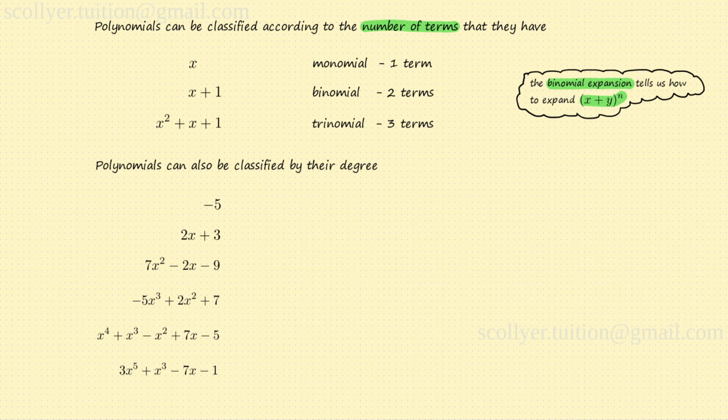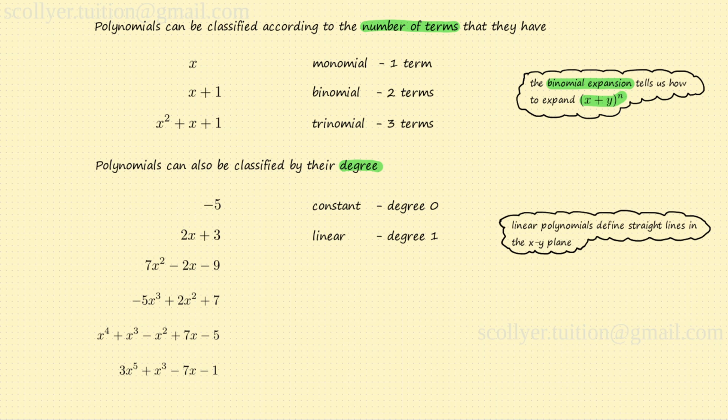We can also classify polynomials by their degree. A degree 0 polynomial is a constant, a degree 1 polynomial is linear, and linear polynomials are so called because they define straight lines in the xy plane. A degree 2 polynomial is a quadratic, a degree 3 polynomial a cubic, degree 4 is a quartic, and degree 5 is a quintic.